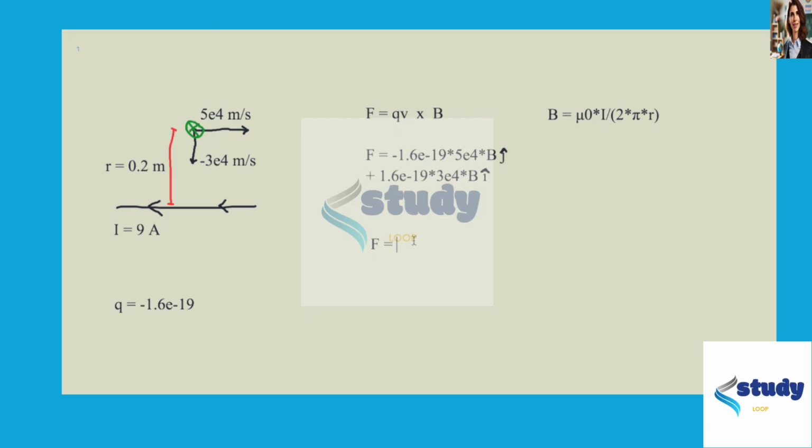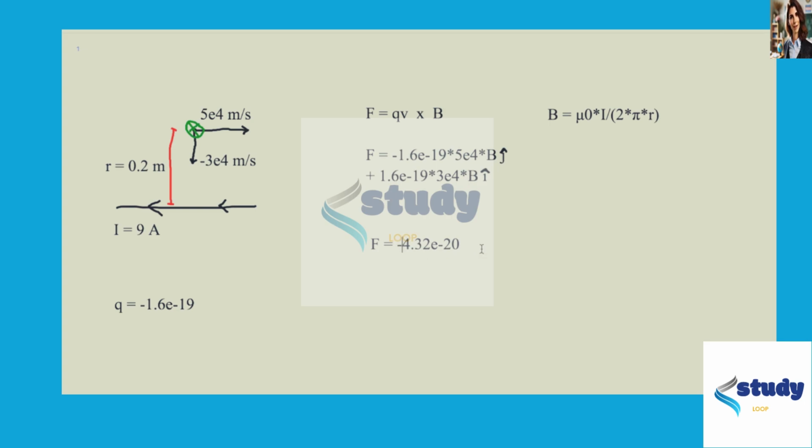So for our first term, plugging all of this in, we should get minus 4.32 times 10 to the minus 20. And this is newtons, remember?